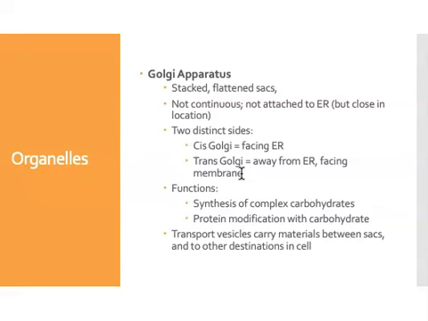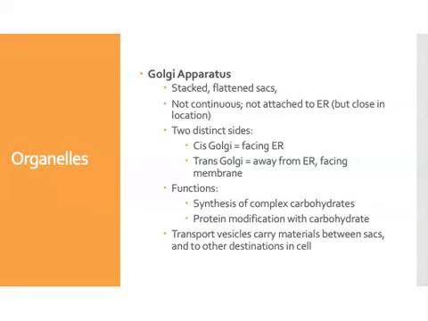Now, what's happening inside the Golgi apparatus largely has to do with carbohydrate. There are some complex carbohydrates, for example, that get synthesized inside the Golgi apparatus. But there are also some proteins that will come to the Golgi apparatus in order to be further modified.